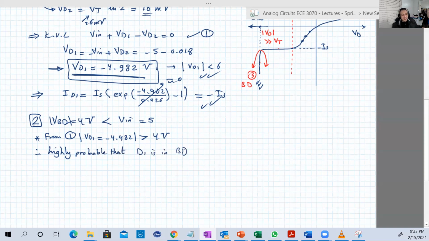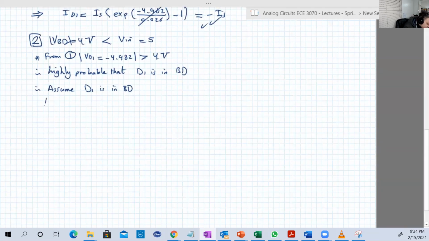And again, it's not harmful to assume something and disprove it if it's wrong. So let's assume D1 is in breakdown. Since it's in breakdown, then you can say for sure that VD1 equals minus 4 volt.